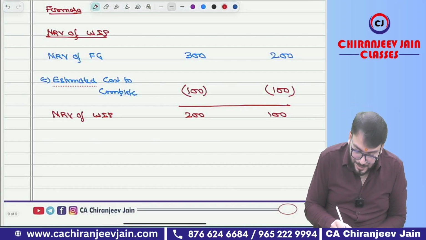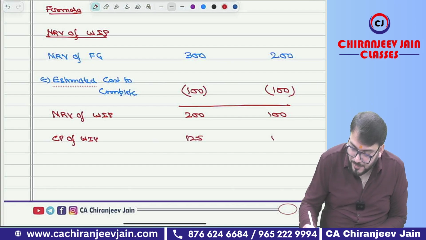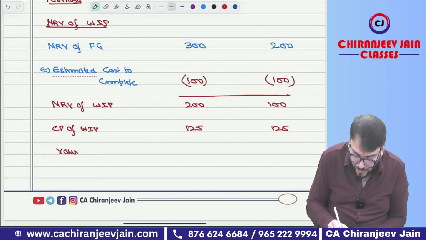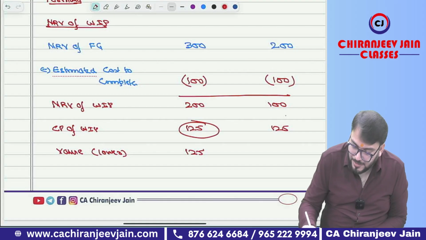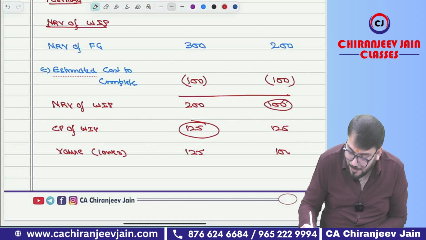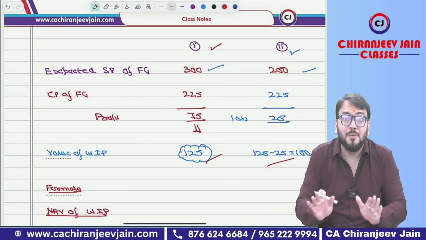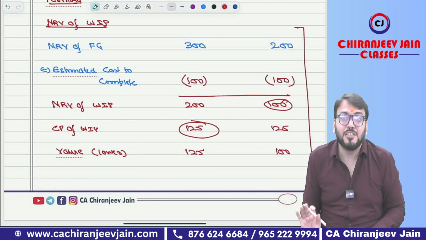Got this, fine. And what is the cost price of WIP? This is 125. So we will do valuation at the lower. So what is the lower in this case? 125. And what is the lower in this case? 100. Same answer is coming or not? You can see the same answer is coming. So actually initially I gave the concept. Now I am teaching you as per AS2. So AS2 has given this formula.